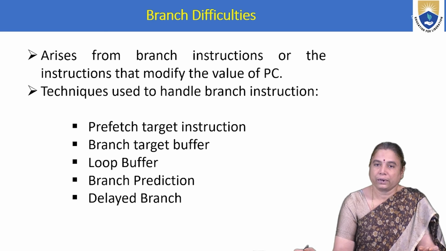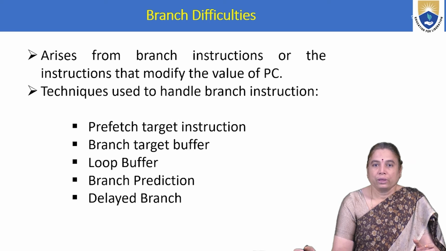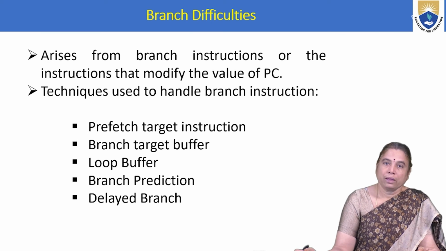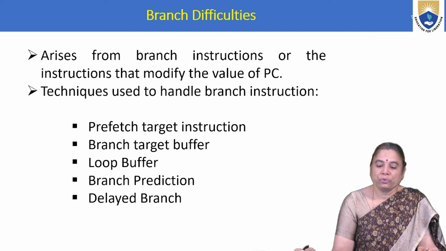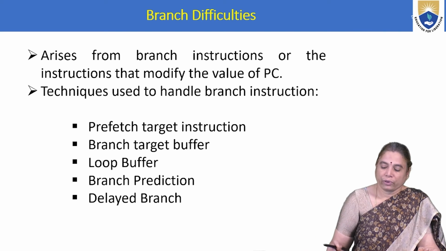Delayed branch uses the same technique as the delayed load, so that the required return address is stored in the buffer and made available for the sequential execution of the instructions. So these techniques can be used to resolve the branch difficulties.